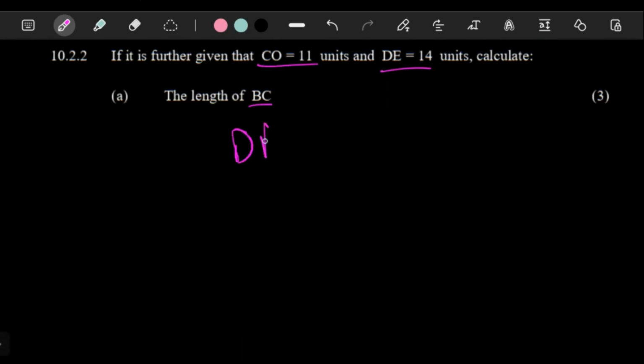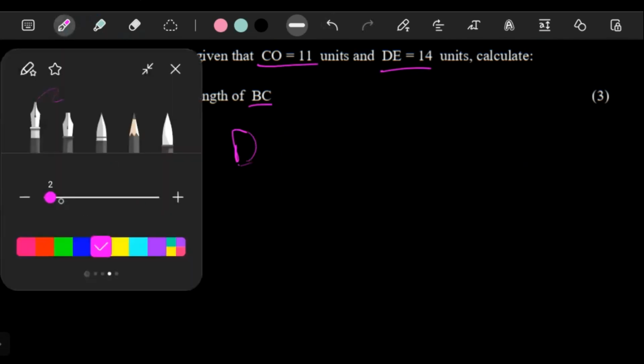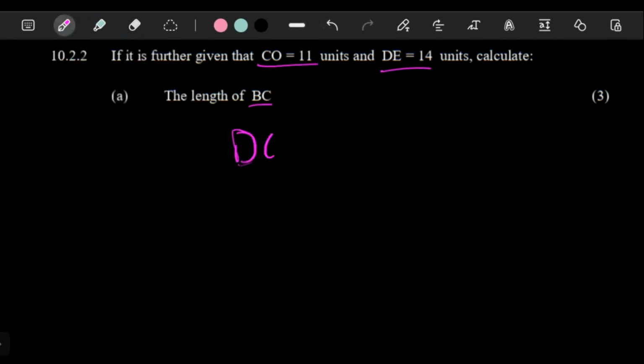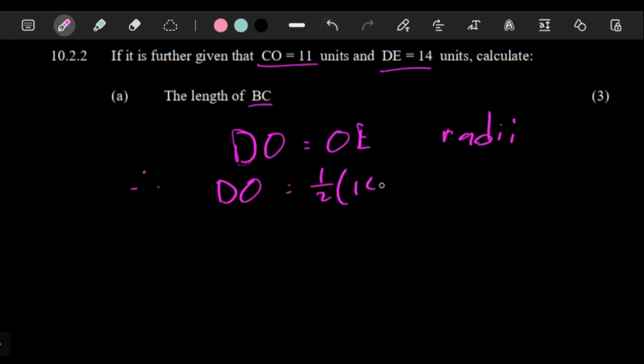DE is equal to 14. DO is equal to OE, radii. Therefore, DO is equal to half of 14, equal to 7.